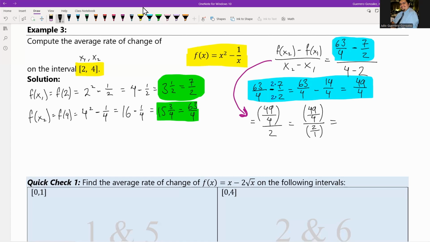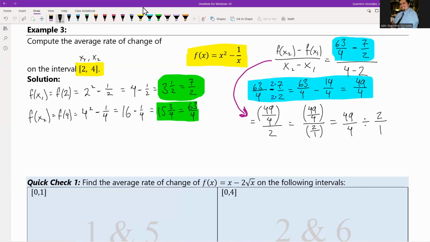So I can rewrite this as 49 over 4 divided by 2 over 1. You guys remember that? Now that I have it written this way, the way that I do a division of fractions is you flip the second one and change it into a multiplication.